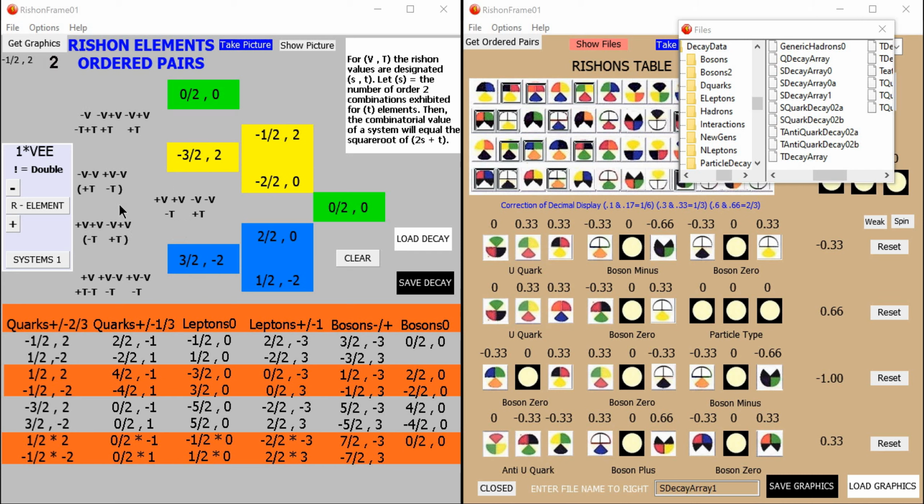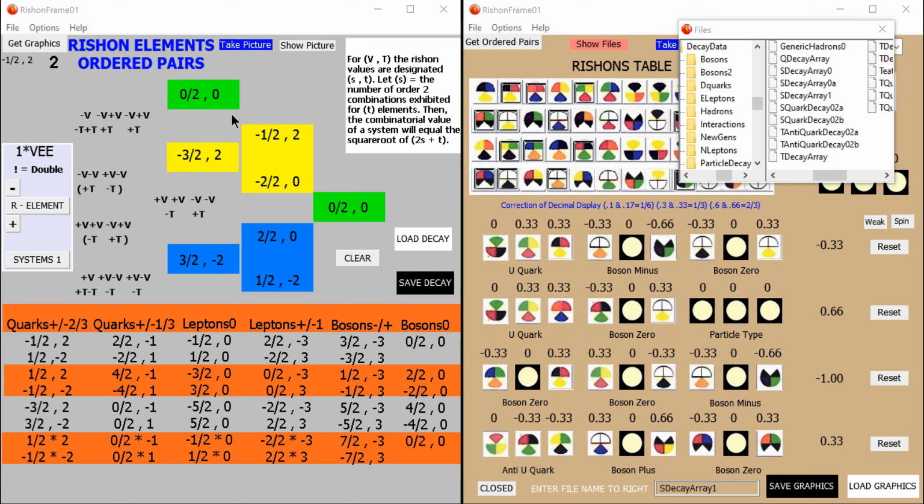Let's take another look at the ordered pair designation and components of the U quark. So we can see that the designation for the U quark is S equals -3 divided by 2, and for T, 2.